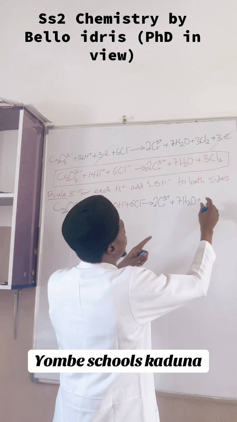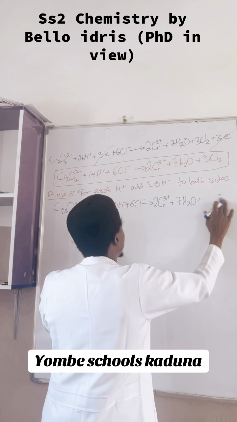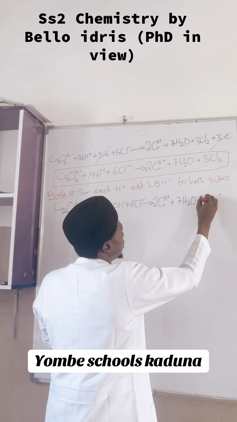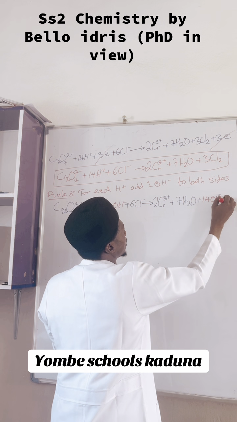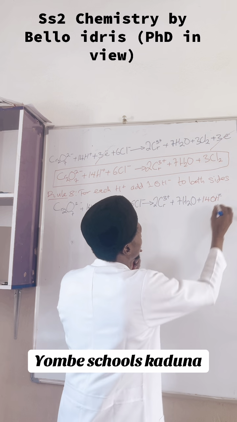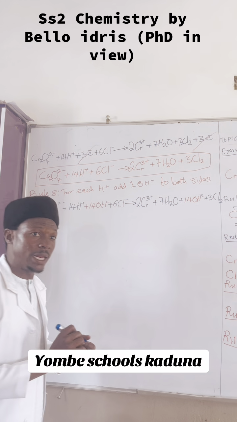Are we together? Yes. We added 14 OH minus to the left hand side, so let's change the equation accordingly. 14 OH minus, then plus 3Cl2. Are we together? Yes.